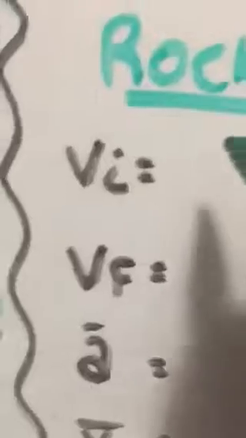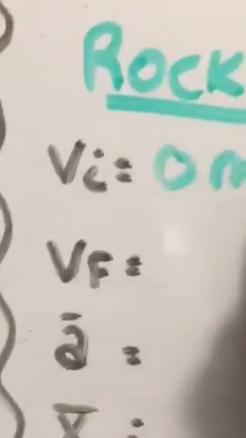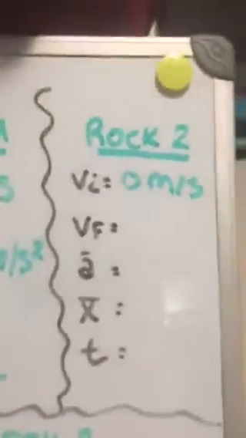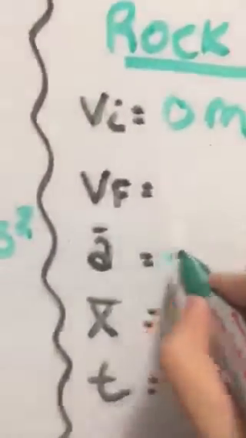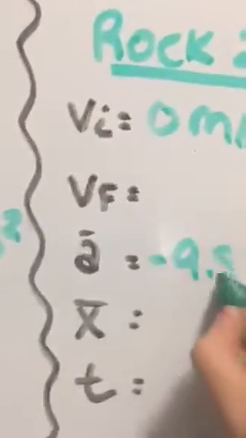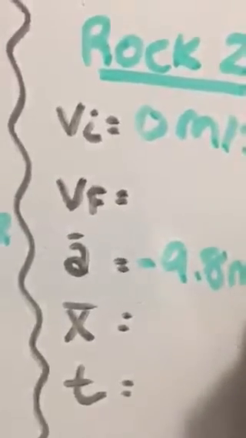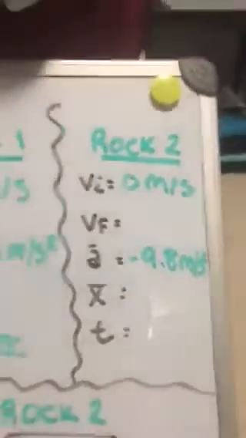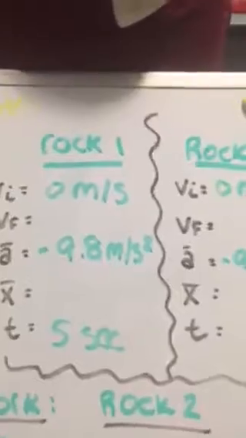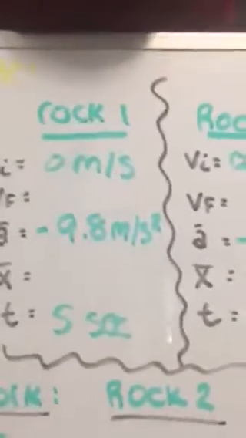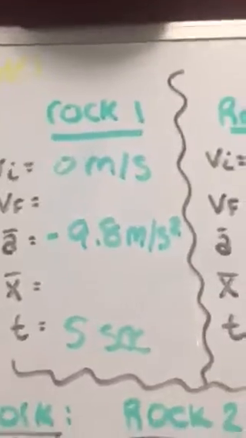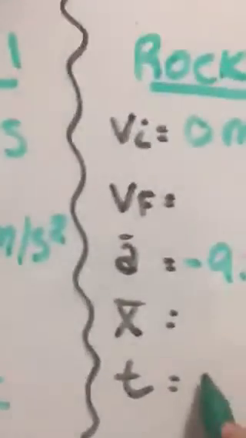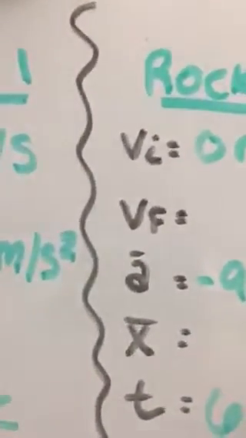What we know for rock 2, obviously the initial velocity would be 0 meters per second, just the same as rock 1. We also know the acceleration, which is the same, negative 9.8 meters per second squared. We also know the time. The time is going to be a little bit different. Rock 1, the time was 5 seconds, but rock 2, it's actually going to be 6 seconds.